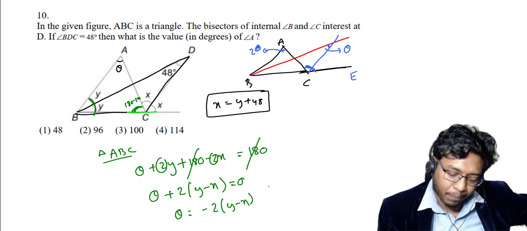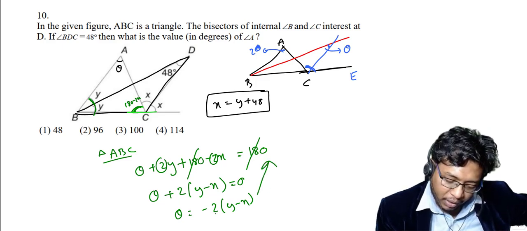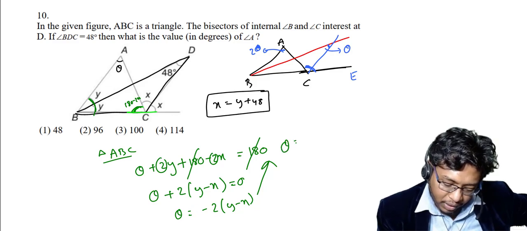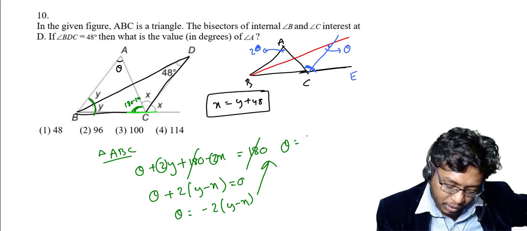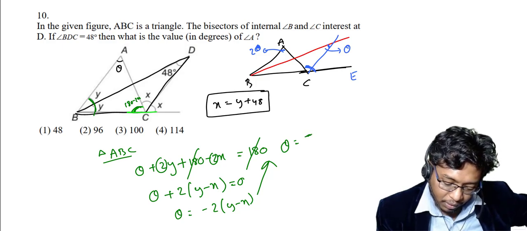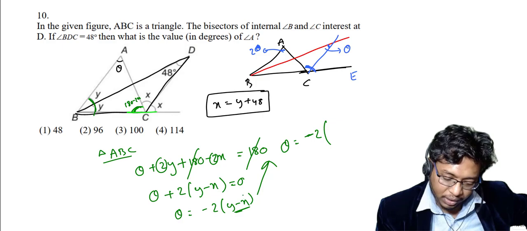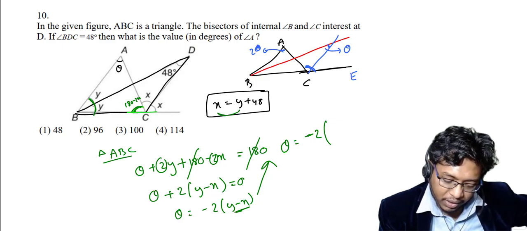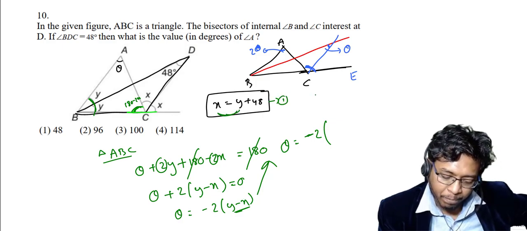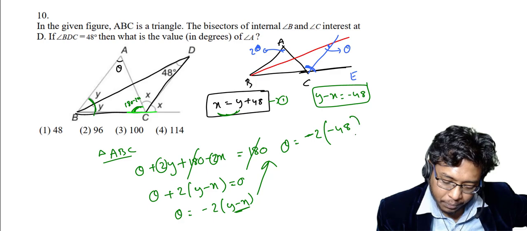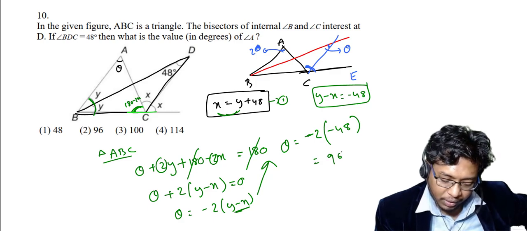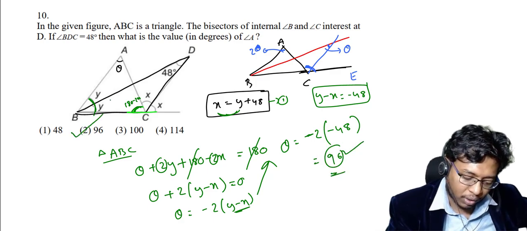Now what is y minus x from equation 1? y minus x will be minus 48, correct? So put minus 48 here. So this will be 96. That's it. So your answer is 96.